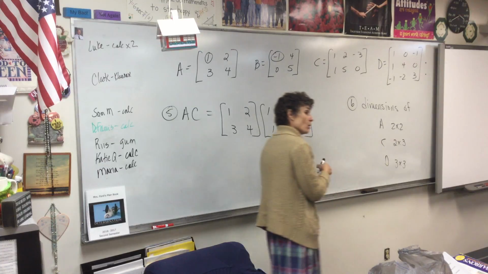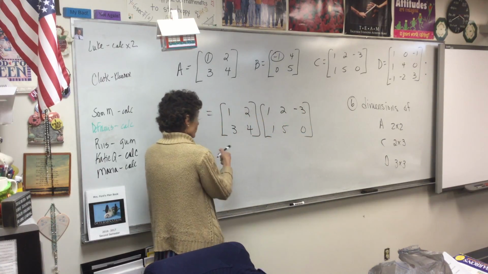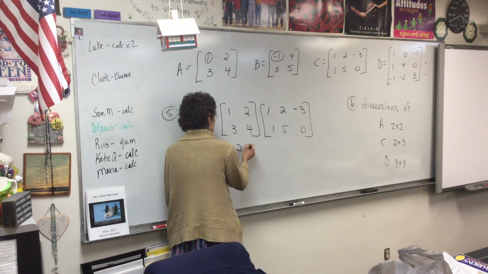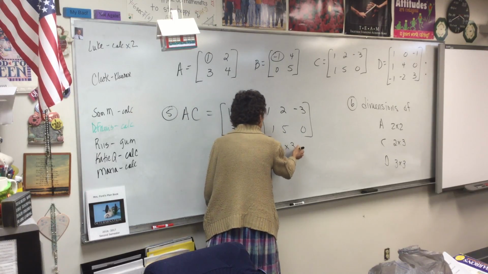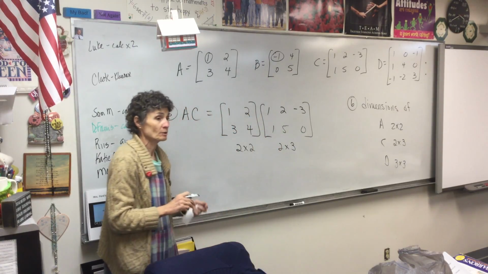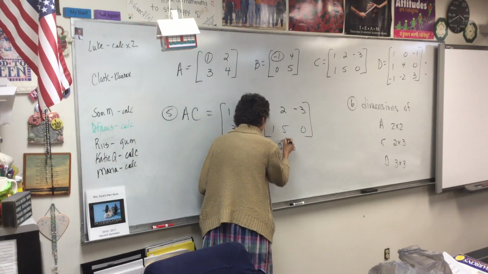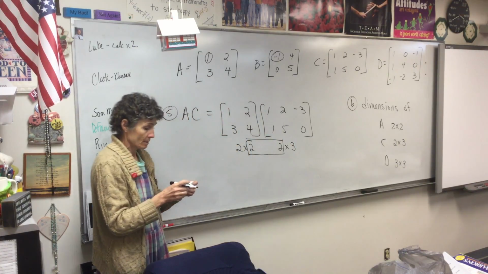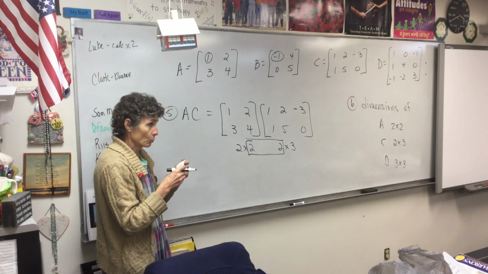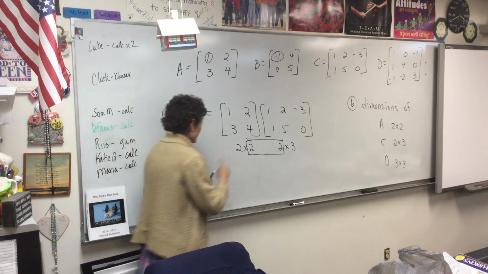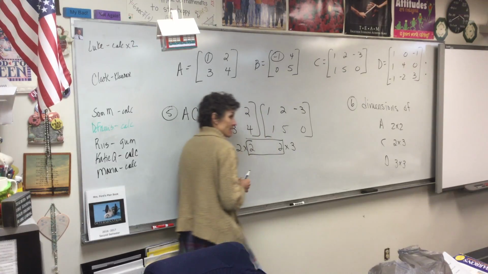Now you really need to know that, some of that anyway, in order to do the multiplication. This is a 2 by 2 and this is a 2 by 3. And what's the rule for multiplication? These have to match up. Now, the rule for addition is this has to be exactly the same as this.